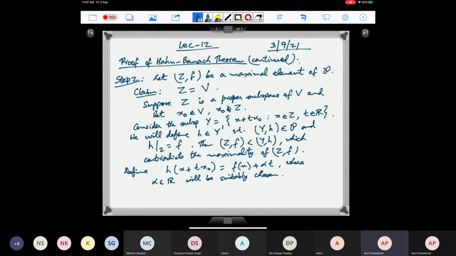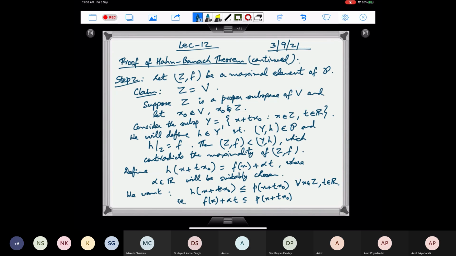So we want h of x plus t x naught to be less than or equal to p of x plus t x naught for every x in Z and for all t in R. So this is equivalent to f of x plus alpha t being less than or equal to p of x plus t x naught for all x in Z and t in R.